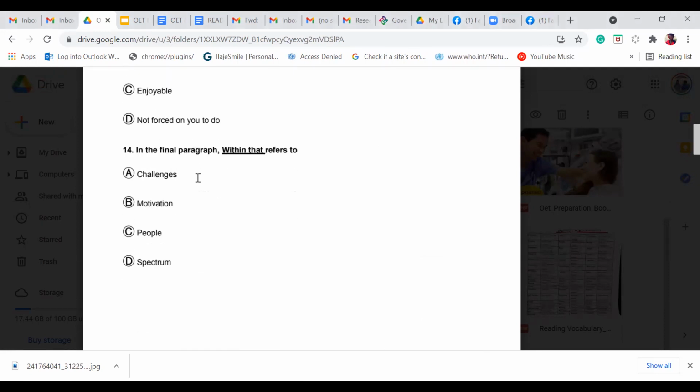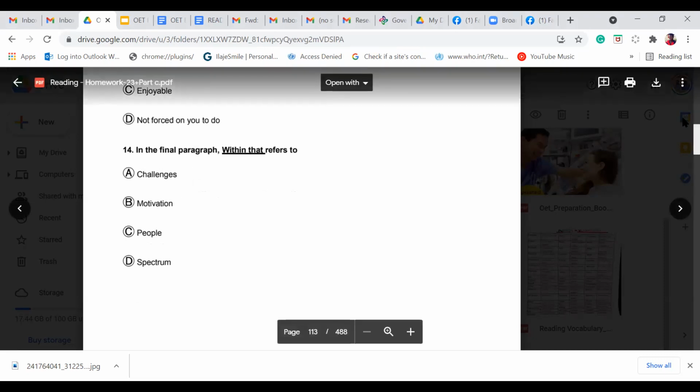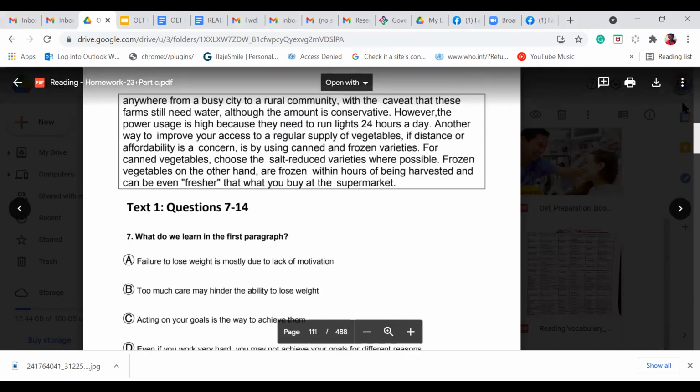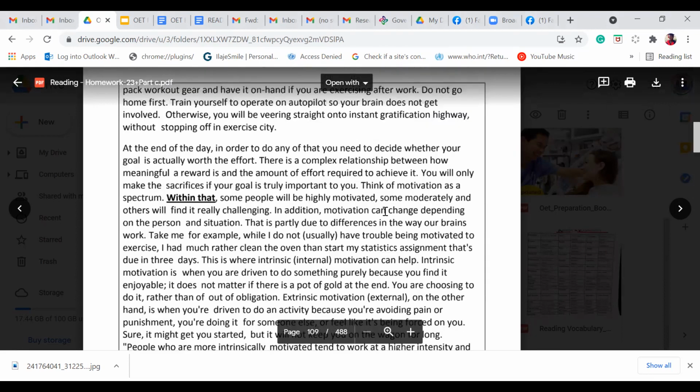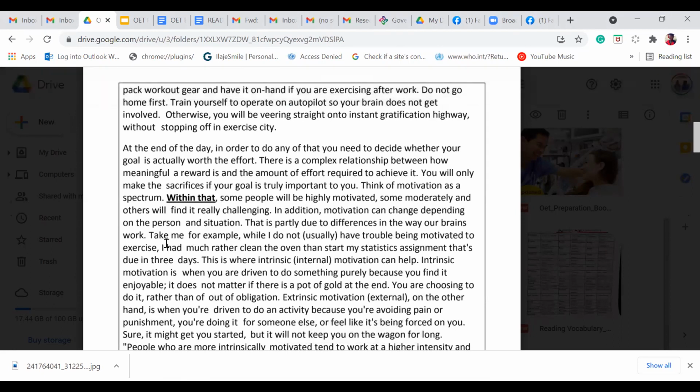In the final paragraph, within that refers to, let's look for where we can find within that. It says up there, in the final paragraph. Let's go. So this is the final paragraph and it's also the 5th paragraph. I hope you understand.